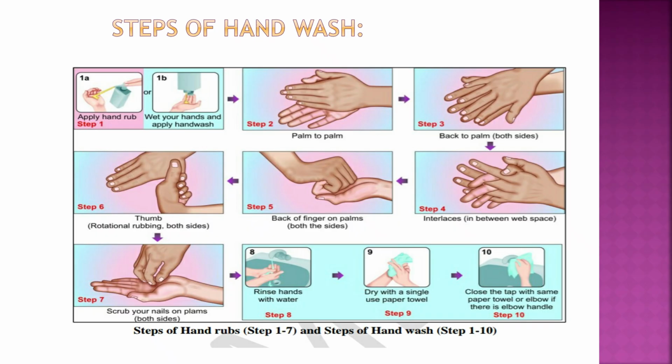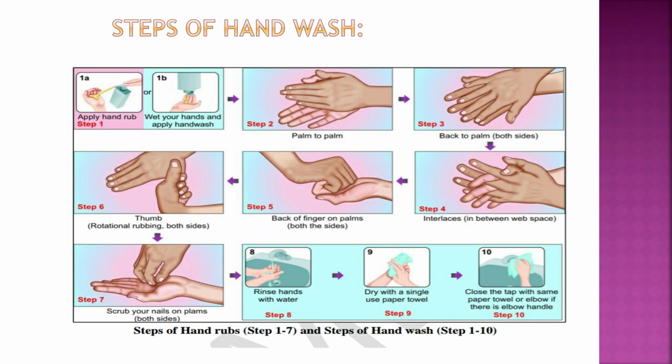Then in step 2 you have to rub palm to palm. Then in step 3 back of the palm, both the sides. Then step 4 between web spaces of the fingers. Then step 5 back of the fingers on the palms, both sides. Then step 6 thumb in rotational movement, both the sides. Then step 7 you have to scrub your nails on the palms, both sides.